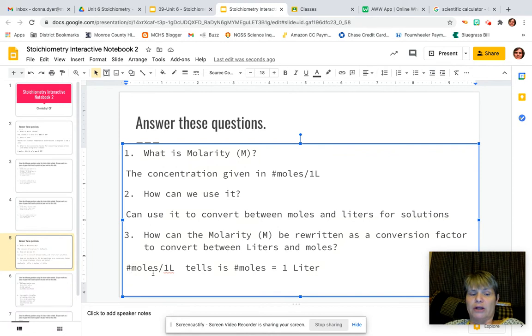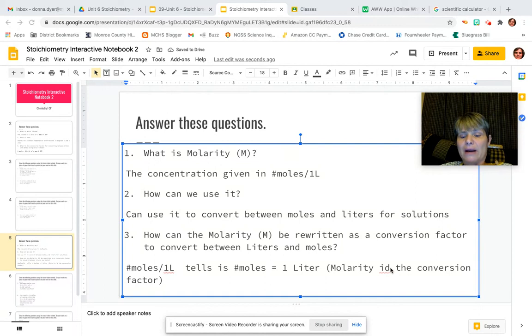And we'll look at that here in just a minute. So again, you guys, here the molarity is our conversion factor. Just like the density can be used as the conversion factor, here molarity is the conversion factor.